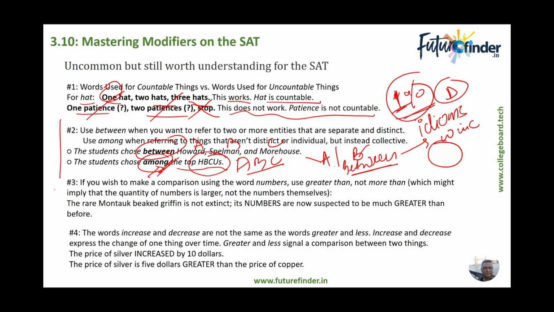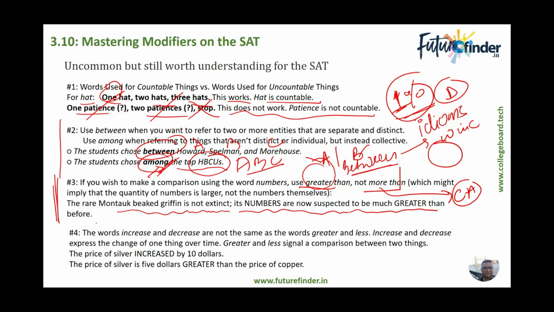The next one, the third one, is a demarcation between greater than and more than. More is basically a comparative adjective, while greater is used with numbers. So the rare Montauk beaked griffin is not extinct. Its numbers are now suspected to be much greater than before, not much more than before, right?